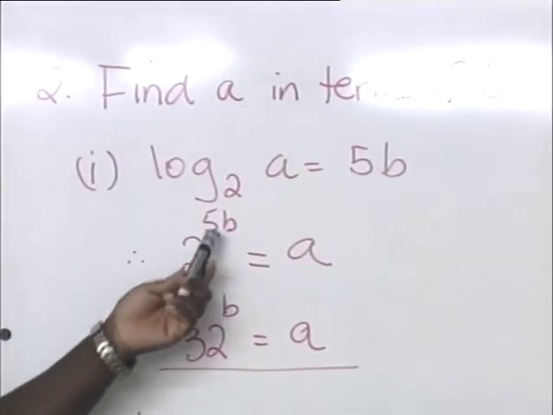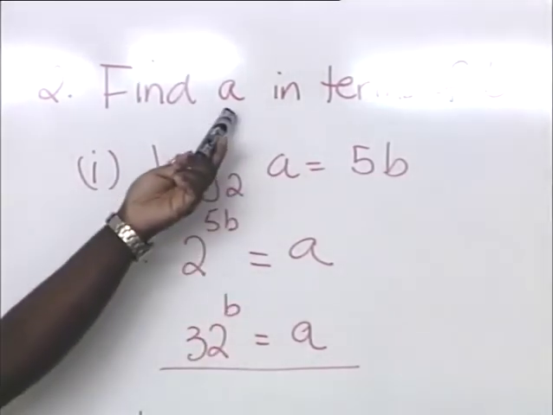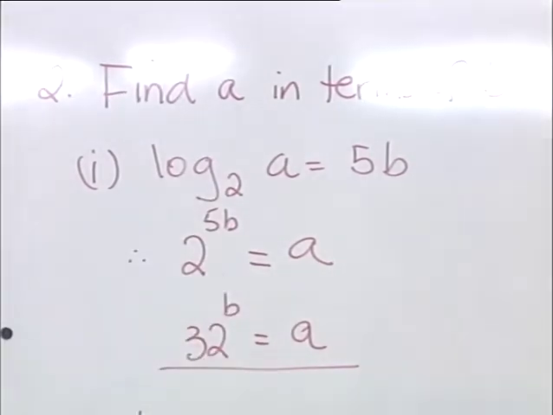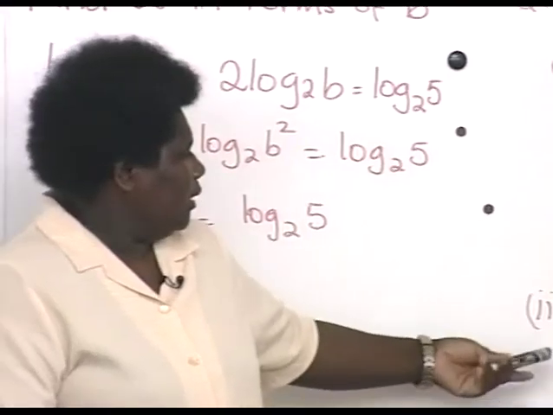So 2 to the power of 5b is equal to a, but 2 to the power of 5 is 32. That means I have to raise 32 to the power of b. So a is equal to 32 raised to the power of b. So I have now written a in terms of b. Clear so far?